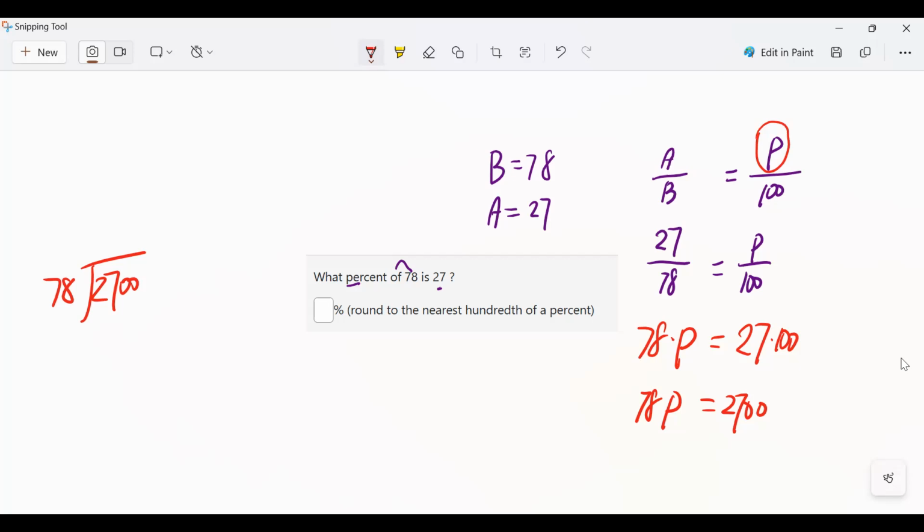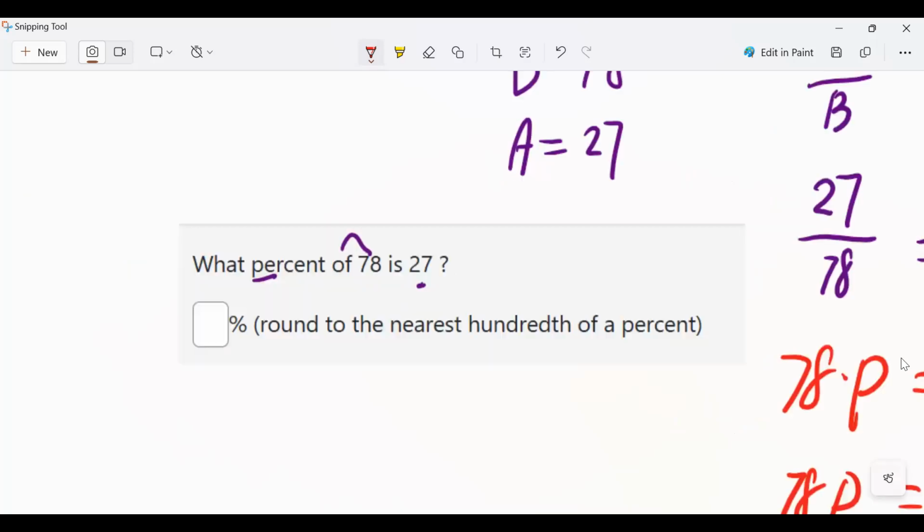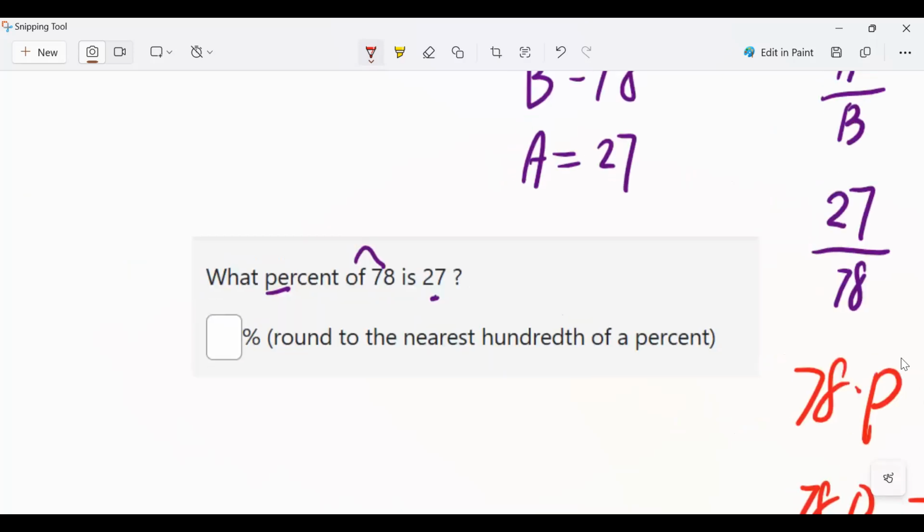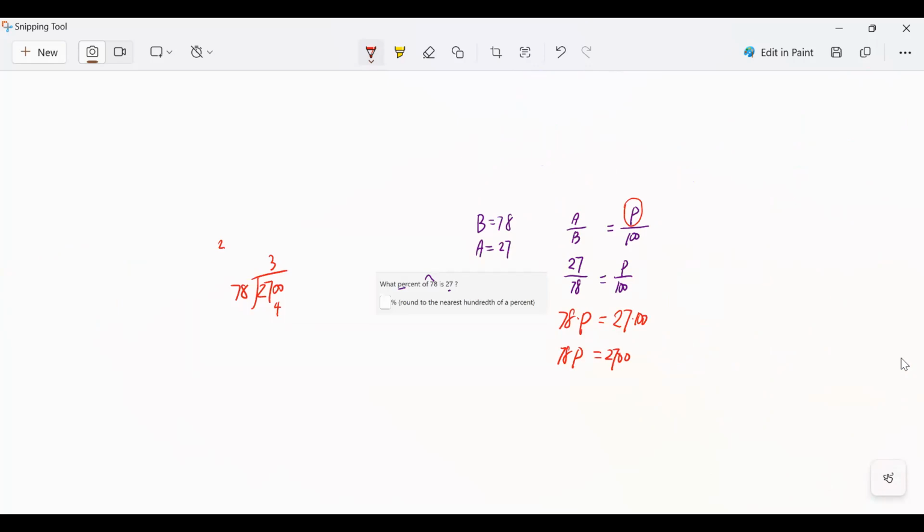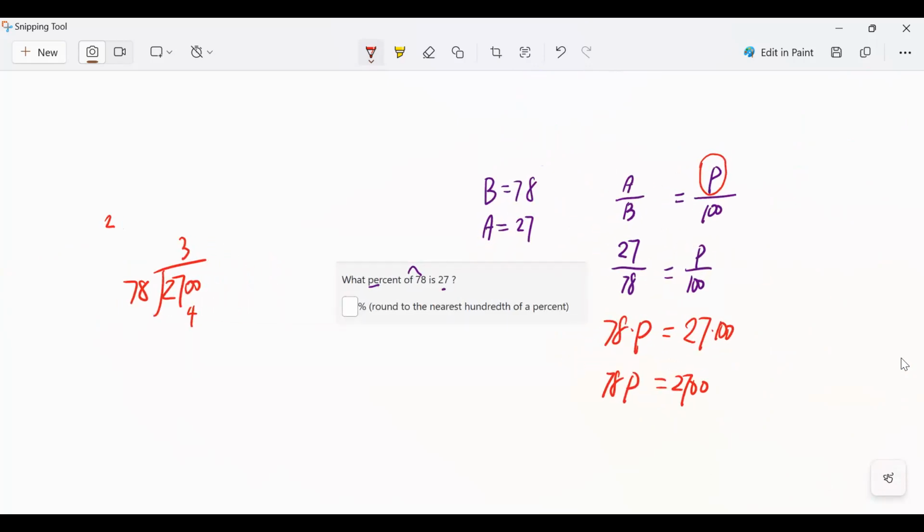So 78 goes into 270 three times, right? 3 times 8 is 24. And then 3 times 7 is 21, adding 2, that's 23.